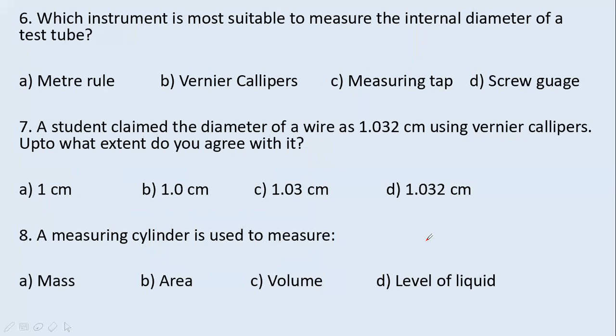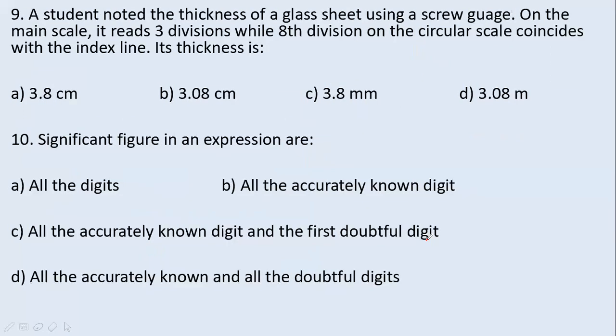A measuring cylinder is used to measure volume. A student noted the thickness of a glass sheet using a screw gauge. On the main scale, it reads 3 divisions, while 8 divisions on the circular scale coincide with the index line. Its thickness is option D, 3.08 millimeter.